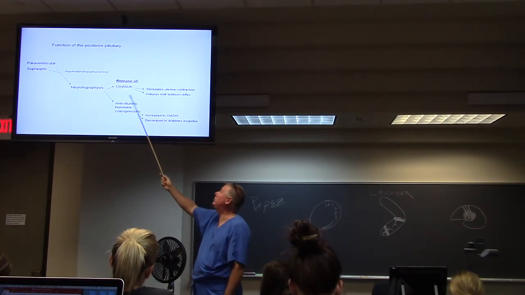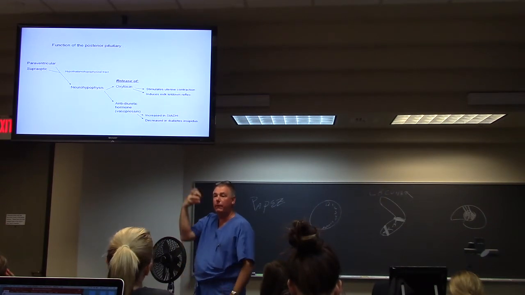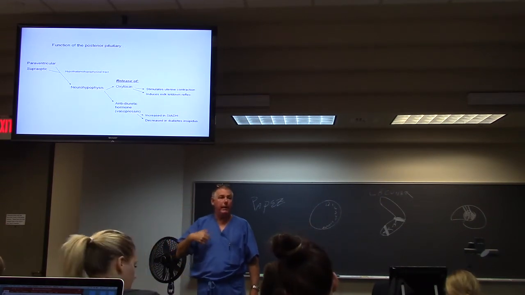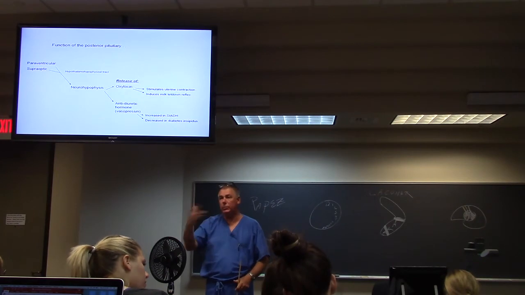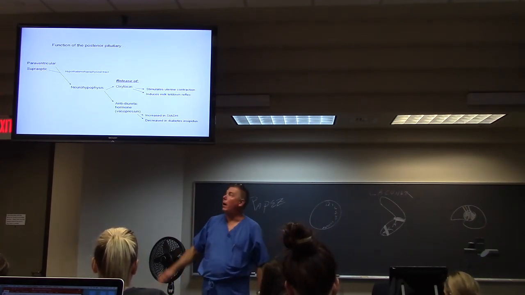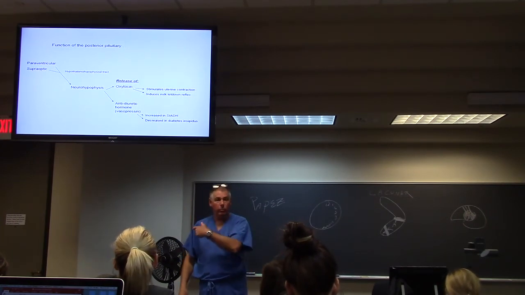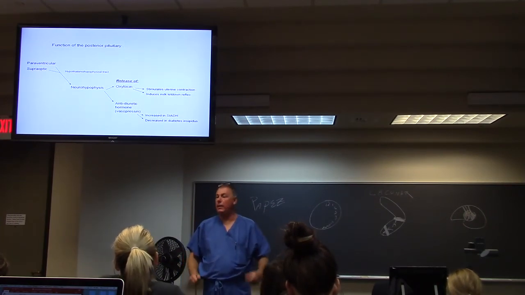What does oxytocin do? Back when we were talking about breast, it stimulates the contraction of the myoepithelial cells and causes the expression of milk. Prolactin produces milk. Oxytocin allows it to be expressed. This is the milk letdown reflex that I've mentioned 9,000 times.